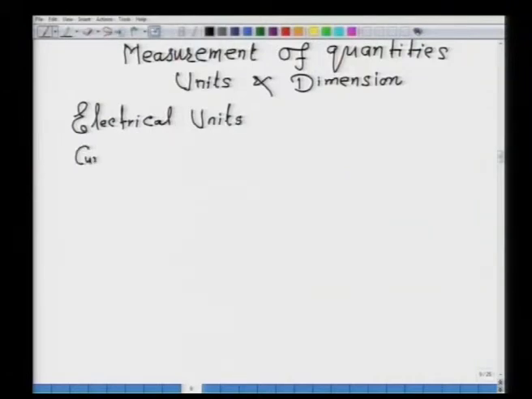Current, as all of you know, is usually measured in ampere, and in short it is denoted by A. In solids, the flow of current consists of flow of electrons. In electrolytic solutions, most of the current flows by movement of the ionic species.